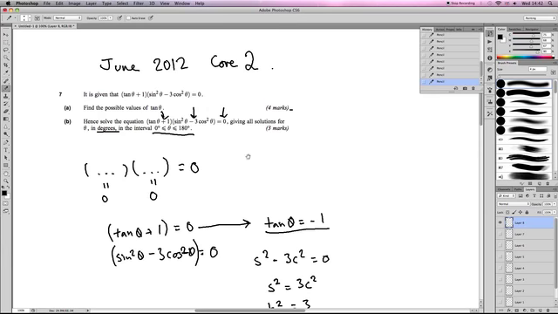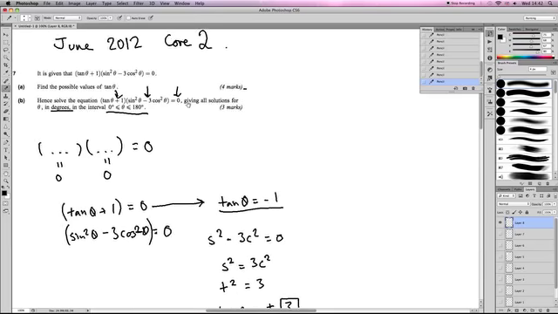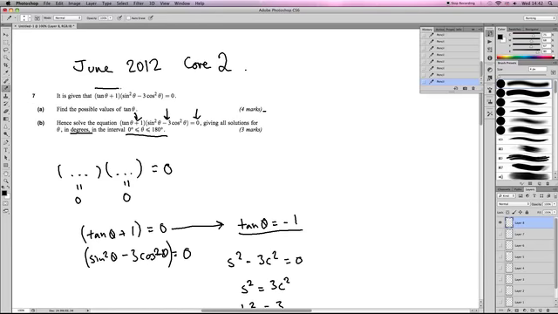What you could do, if you really wanted to get the answers, is type the entire thing in to your graphical calculators.